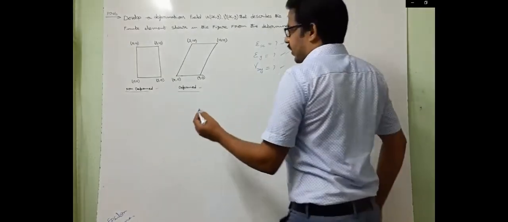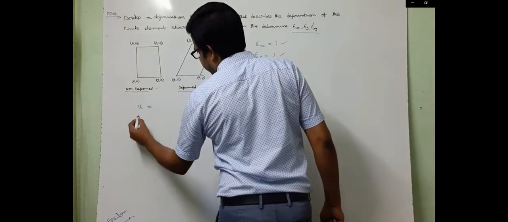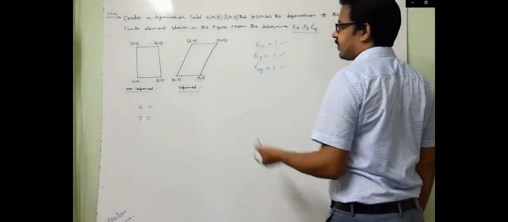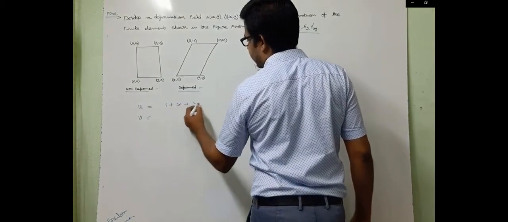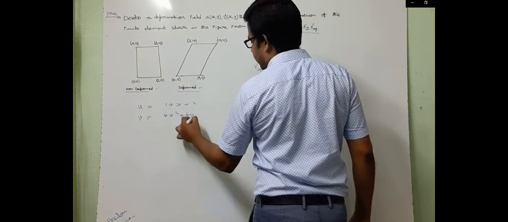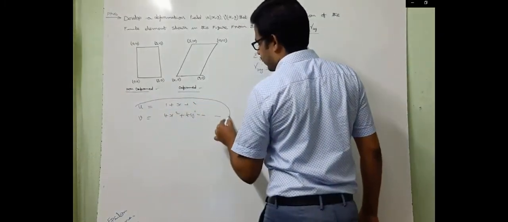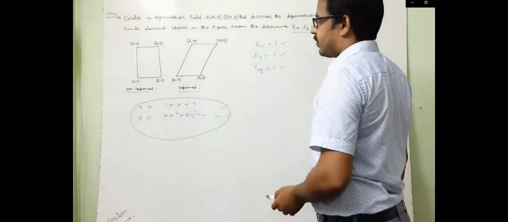Without knowing the u term and v term, which are the displacement fields, we cannot proceed. In the previous problems they mentioned u and v values in a form like 1 plus x plus y plus 4x square plus 4y square.